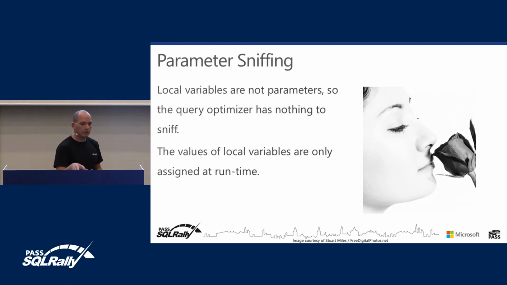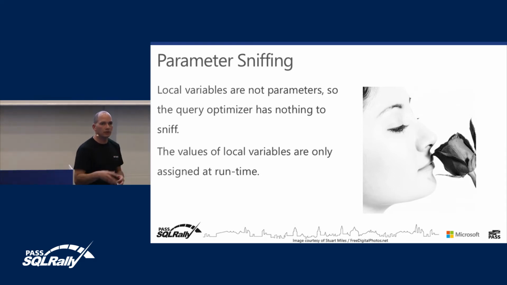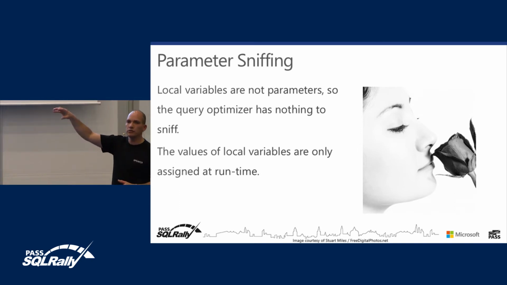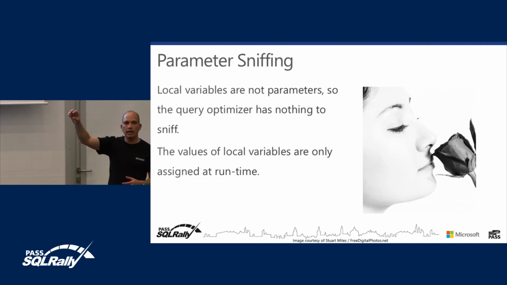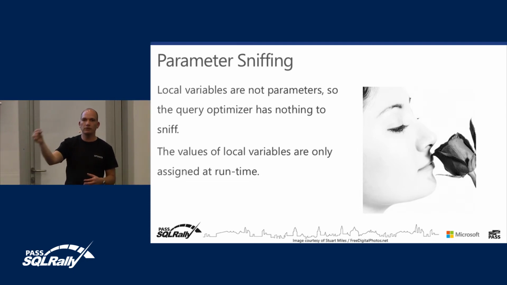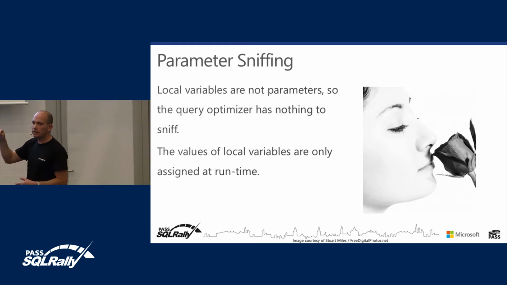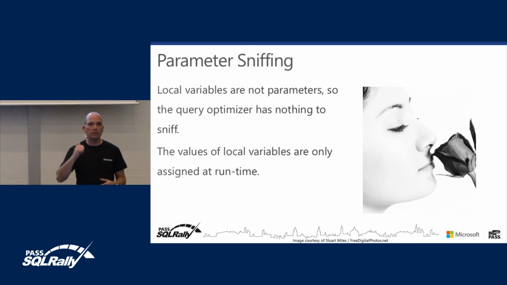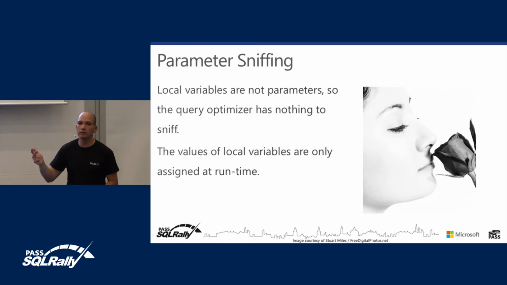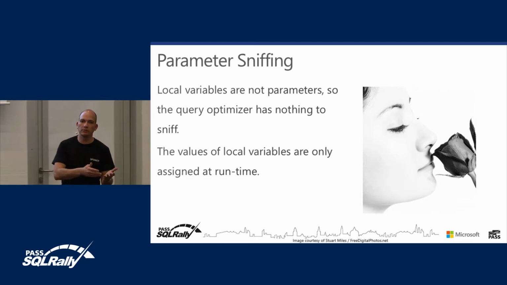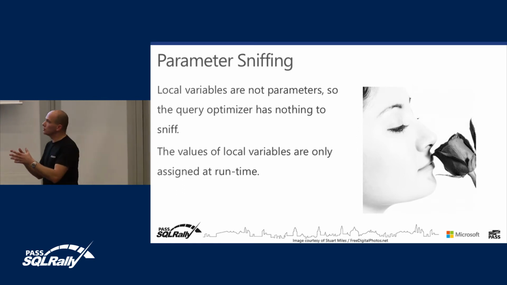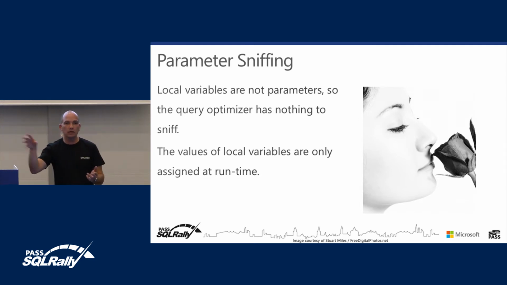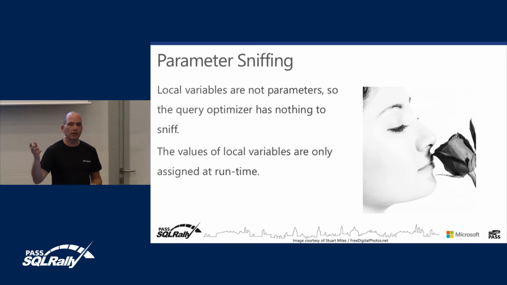Now let's talk about the local variables we saw before. Local variables are not parameters. The assignment of value, we had declare @country equals IL, the equals IL part, this is the assignment of a value to the local variable. This part happens at runtime. So at compile time, the optimizer doesn't have a clue about the value of the local variable. When the optimizer has to generate a plan for the query, and it says where country equals @country, it has no idea about the value of @country.